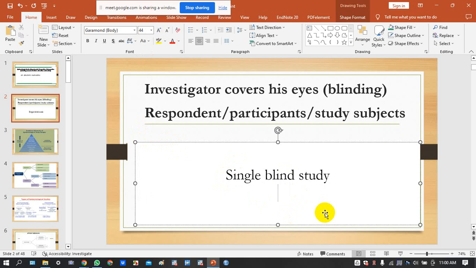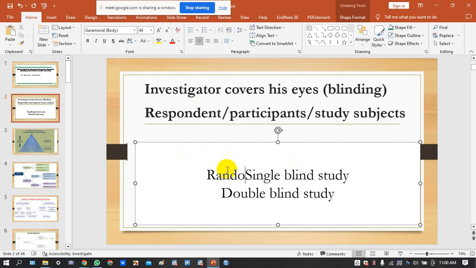But if you blind both of them, you blind the investigator here, you blind the respondent at the same time, we call it double blind study.